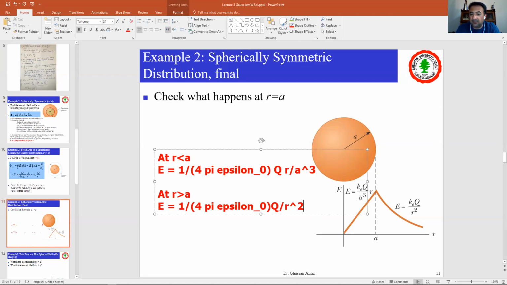That's what we have. So let's see what happens at R equal to A.